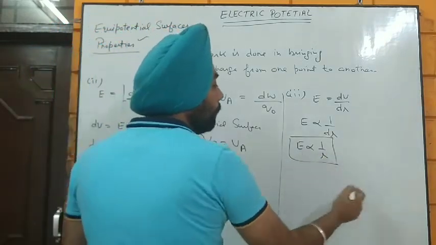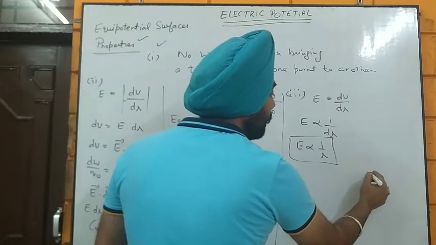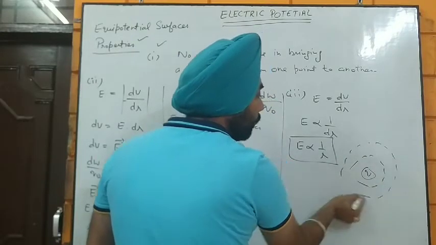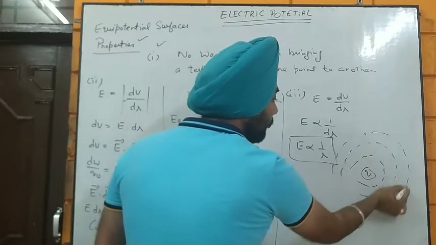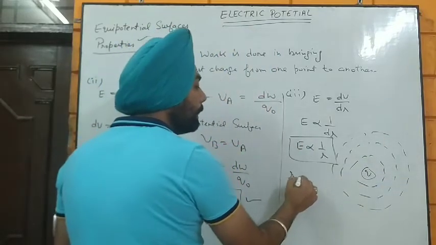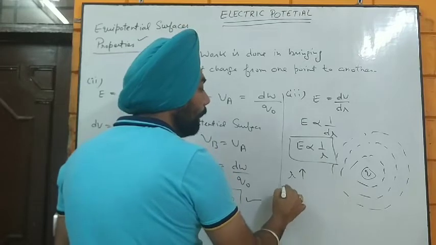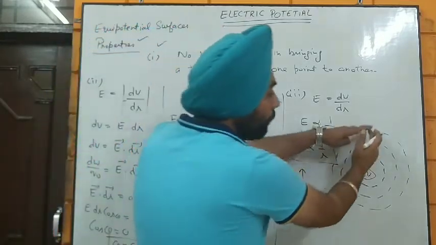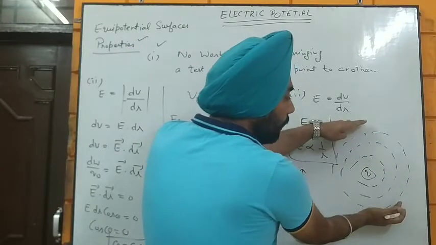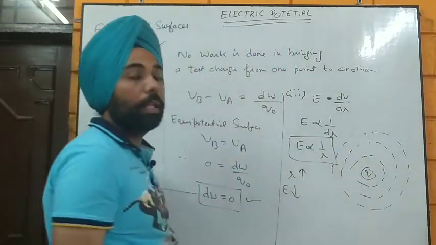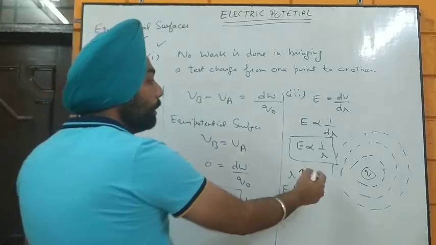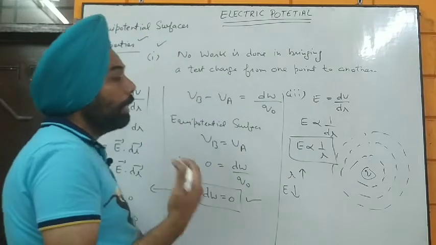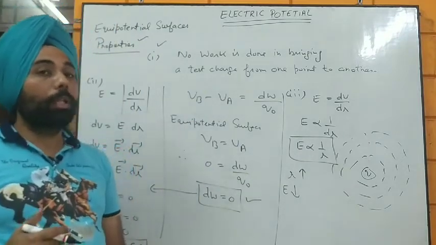So for a particular source charge, if these are the radii of concentric circles, if the radius is higher, the electric field is going to be lower. So the outer circles have low electric field as compared to the inner circles. So the radius is always inversely proportional to electric field. That is the third property.